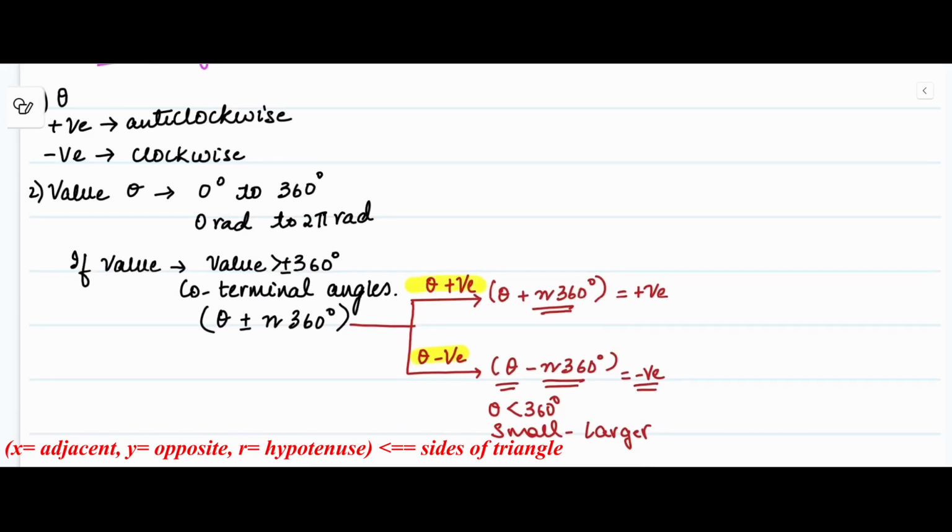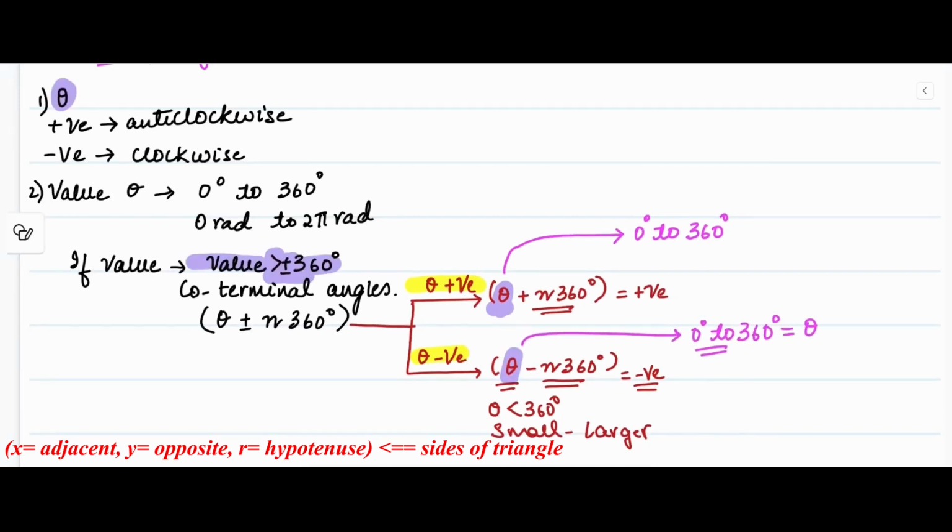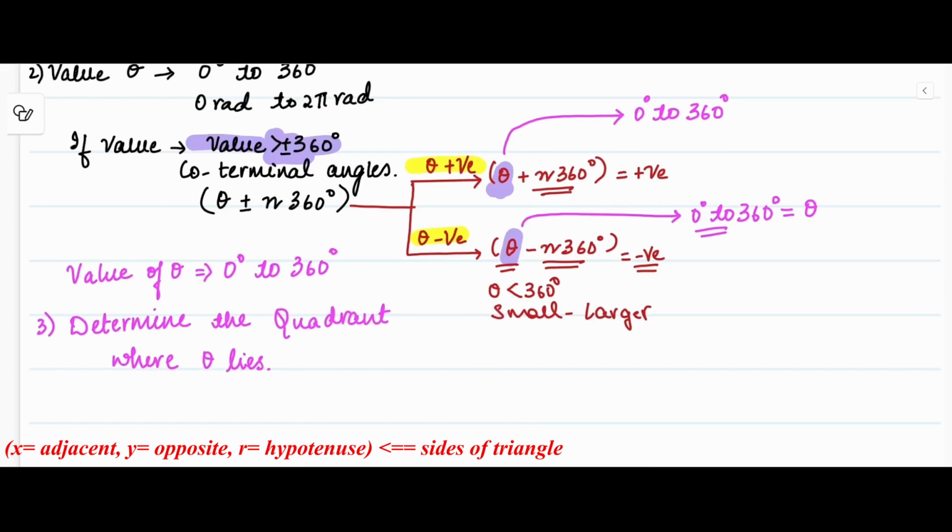In the case of a positive theta value, the number obtained here will be our angle from 0 to 360 degrees. For a negative value, the value of theta here will also be from 0 to 360 degrees. When we do this, we get our value of theta between 0 and 360 degrees. The next step is to determine the quadrant.